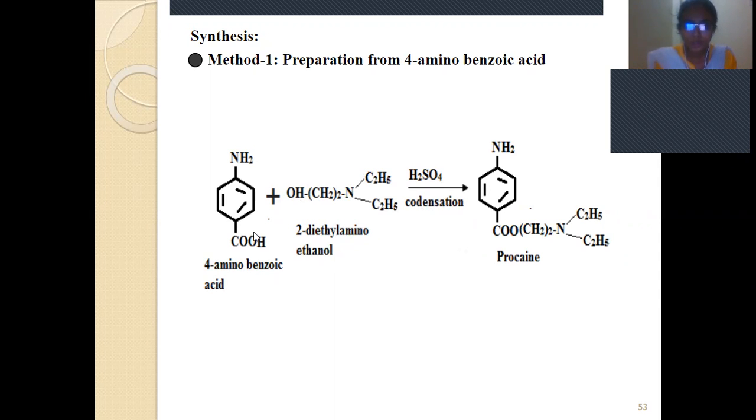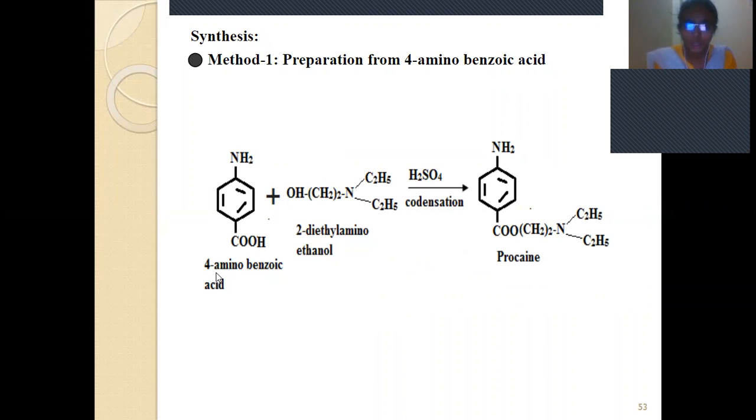So here one of the hydrogens and one of the hydroxyl groups is eliminated. Hydrogen from the 4-amino benzoic acid and hydroxyl group from the diethyl amino ethanol is eliminated in the form of water. So the remaining atoms are attached to form the procaine.